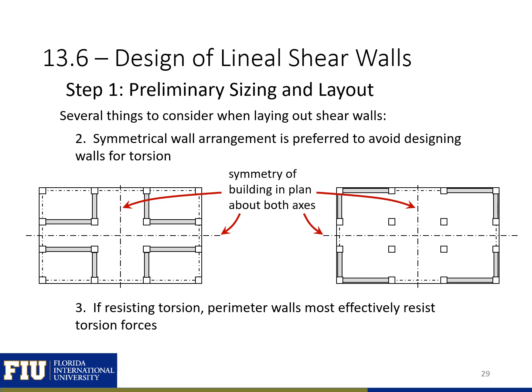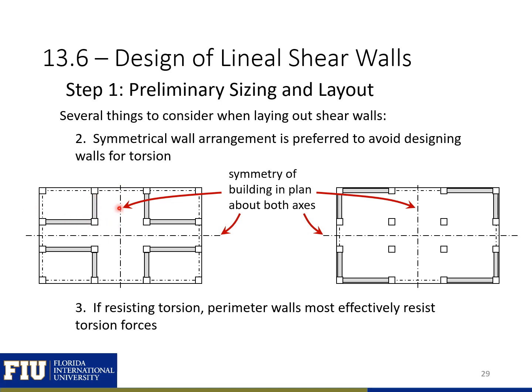Two additional factors that you want to consider when laying out your shear walls are shown on this slide. First, you want to try to arrange your walls symmetrically to avoid designing your walls for torsion. So shown here are two symmetric arrangements of your walls. So you want symmetry of your building in plan about both axes.